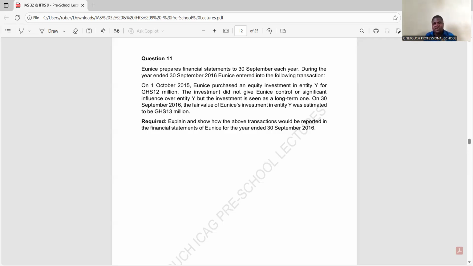Then you say that since the investment is seen as a long-term one, it is not held for trading. The entity can also make an irrevocable election to classify it at fair value through OCI. Then you treat it. So in your measurement, you show how it looks at fair value through P&L, then at fair value through OCI.